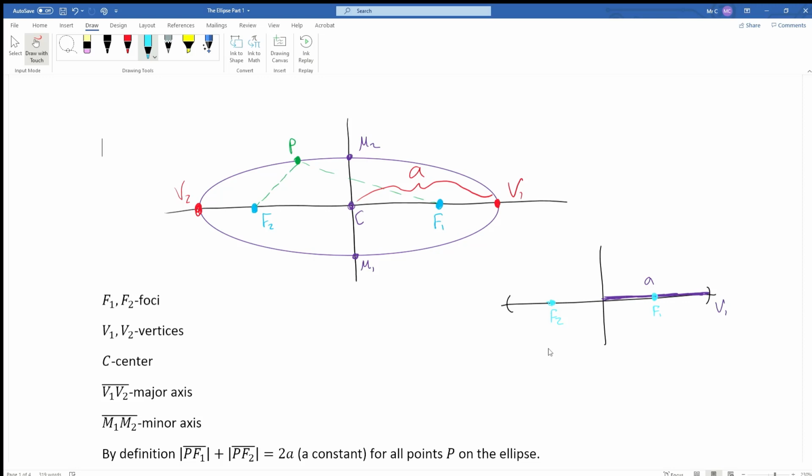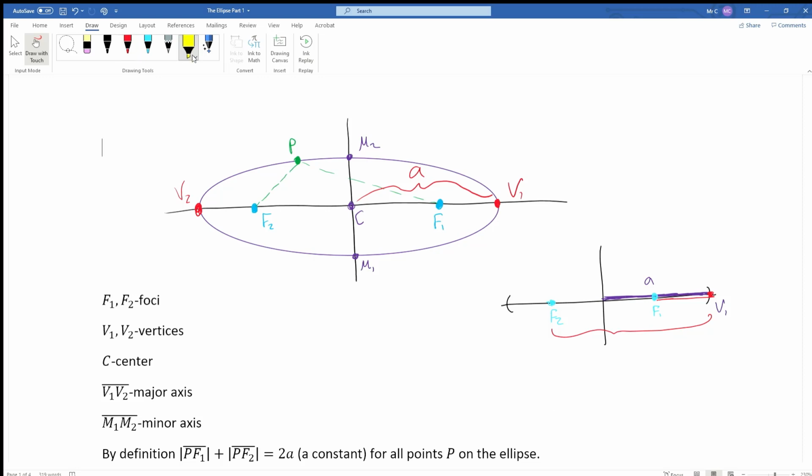So it's a little bit odd because the distances we're actually concerned with are the distance from the vertex to F1 plus the distance from the vertex to F2. But if you see, this is going to calculate a couple things twice, if you think about it in that way.